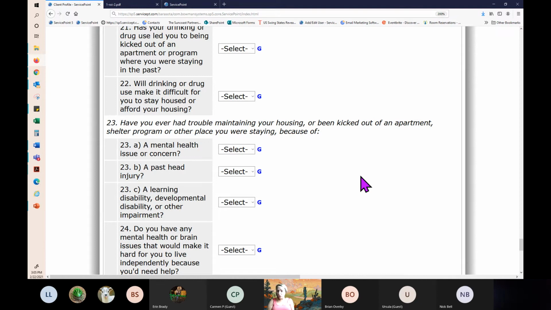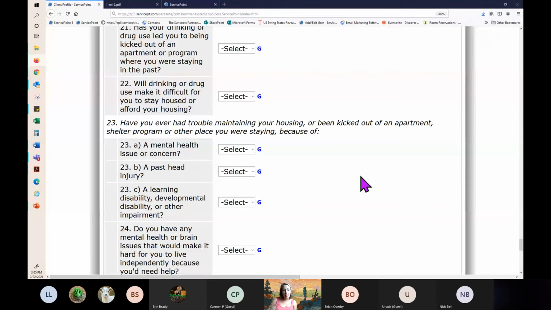We don't want to have a gotcha moment with the client, but we do want to say, well, when you were staying back in the city, you were exited from the project for bringing alcohol, or I saw that there was an incident where you brought alcohol on the premises and experienced a ban. Or even if you just know the client and have that experience with them, you were asked to leave last week because you brought alcohol on the property.